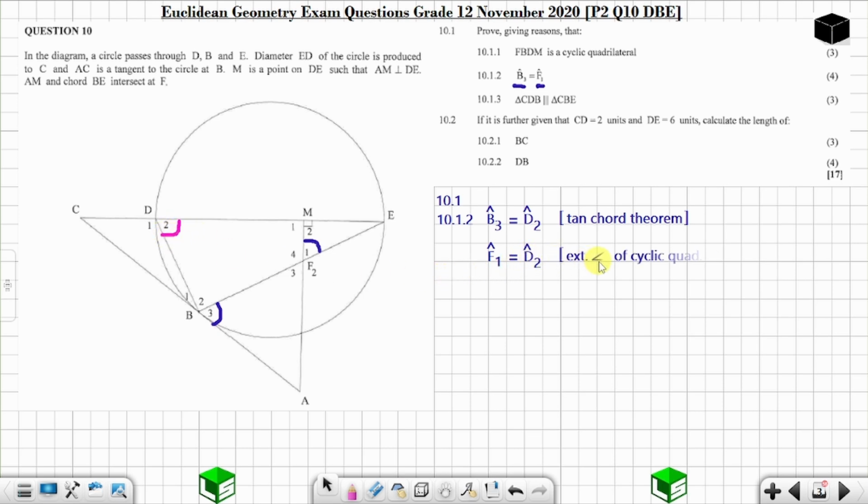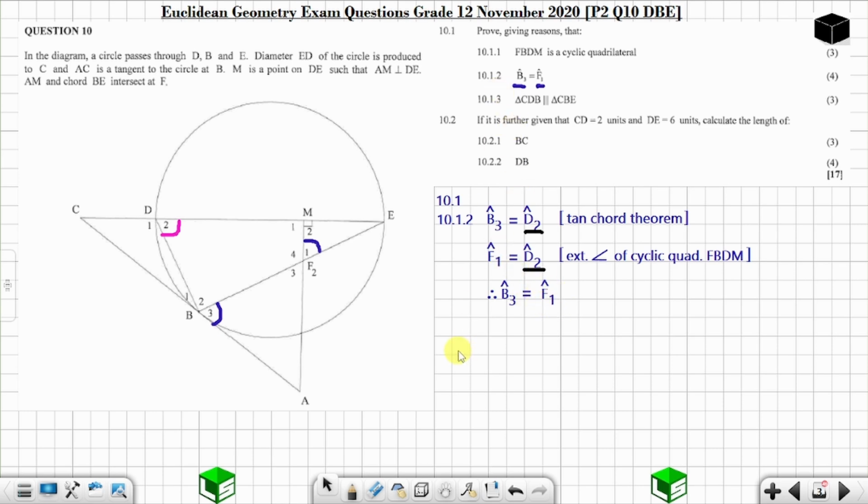Angle B3 is equal to angle D2, angle F1 is equal to angle D2. Therefore, angle B3 is equal to angle F1.